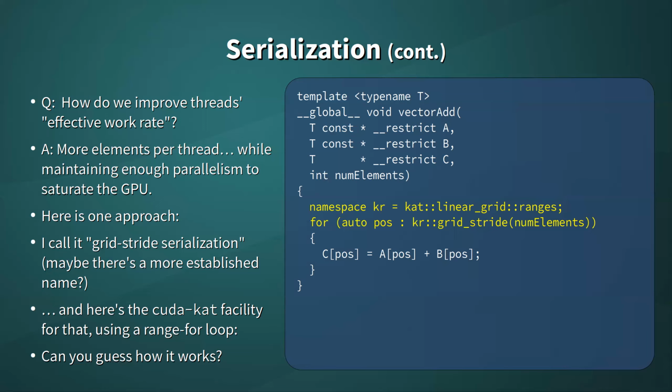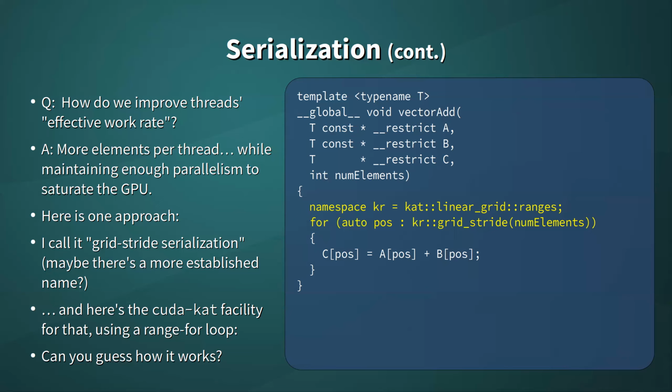The underlying range of integers could be unrelated to CUDA and it just has the feature of a stride. So you start at some position, and you advance by a certain fixed number of integers again and again until you reach or until you pass the overall number of elements.